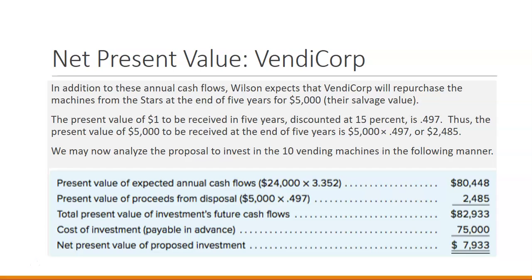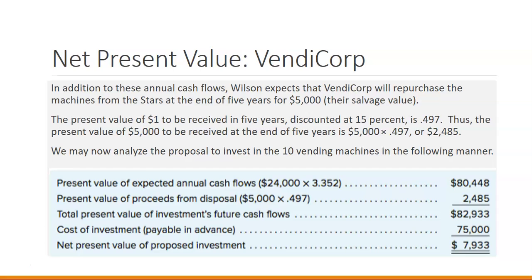The present value of 1 to be received in 5 years, discounted at 15%, is 0.497. So the present value of $5,000 is $2,485. So we add the present value of our annual cash flow plus the present value of the proceeds from disposal to get the total present value of the investment's cash flows.